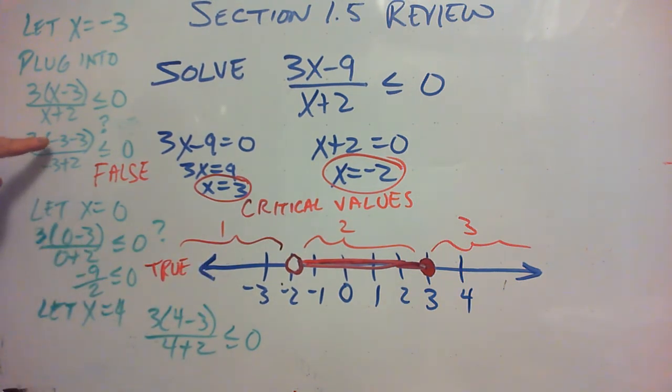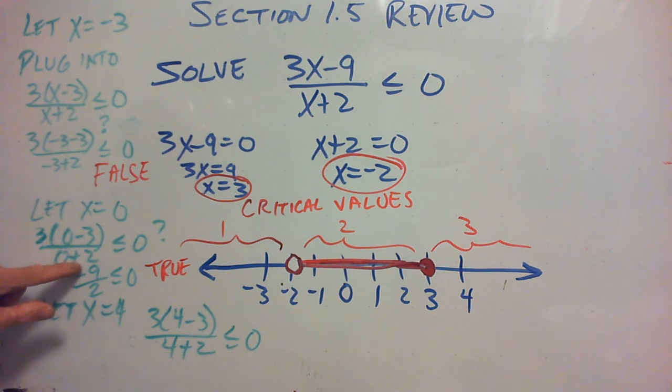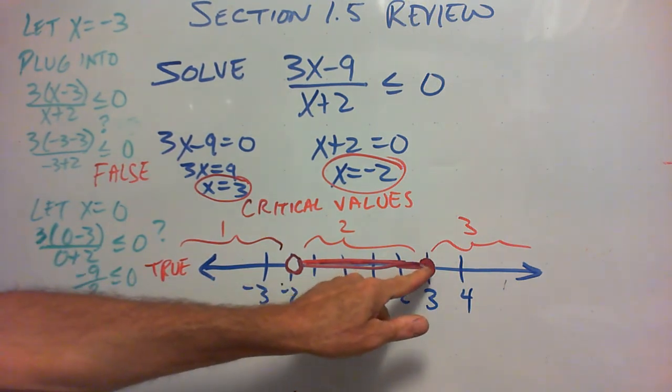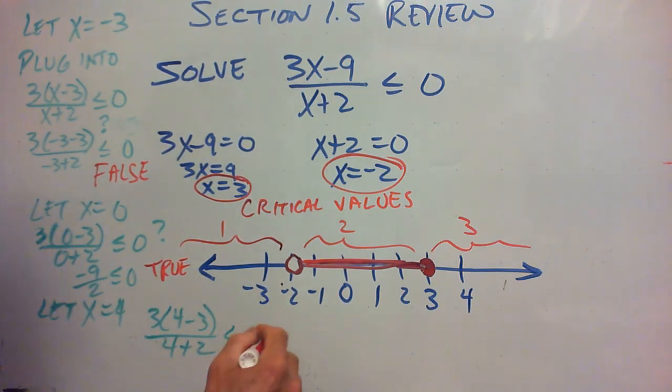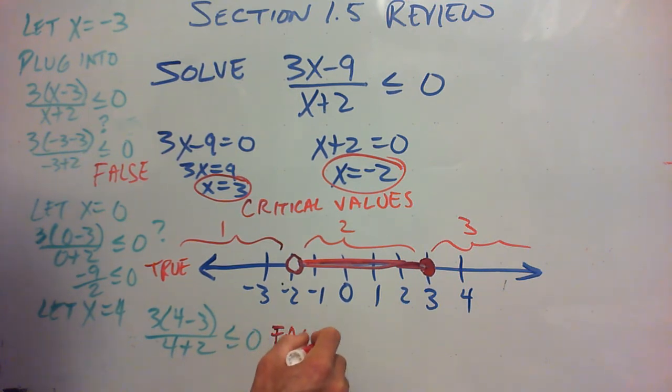In the first interval, we had a negative and a negative. The second interval, we had a negative, but then the second factor was positive. And then when we crossed from 3 into the third interval, we had a positive factor and a positive factor. So in the third interval, that's false because we have positive divided by positive.